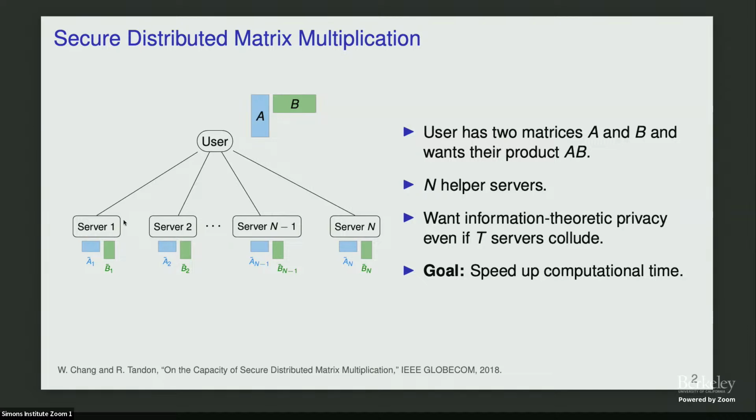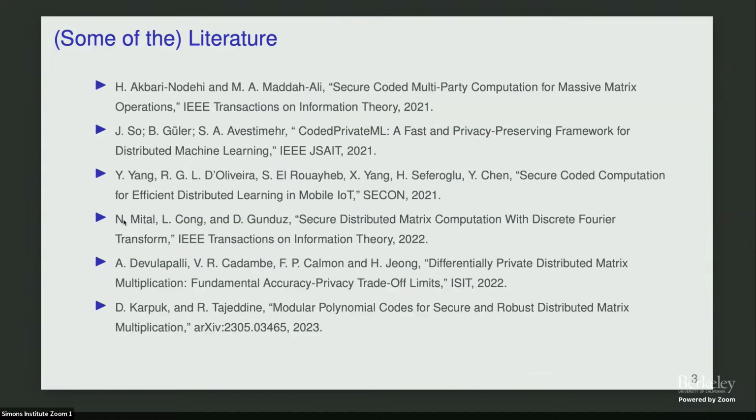Tandon and Chang were the ones who first looked at this in this more information-theoretic communication way. There's been a lot of work on this. In particular, maybe for the general audience here, this work by Vestimer on showing how to use this for machine learning type applications might be interesting, just to see how this works in practice. We also did work on this for distributed learning on Android devices, although here the goal was not to accelerate, it was to lower energy costs.